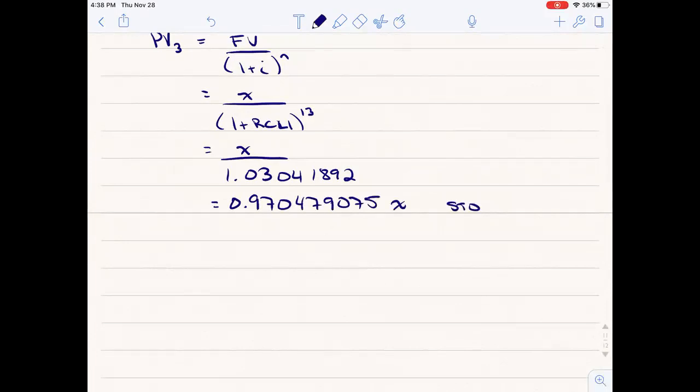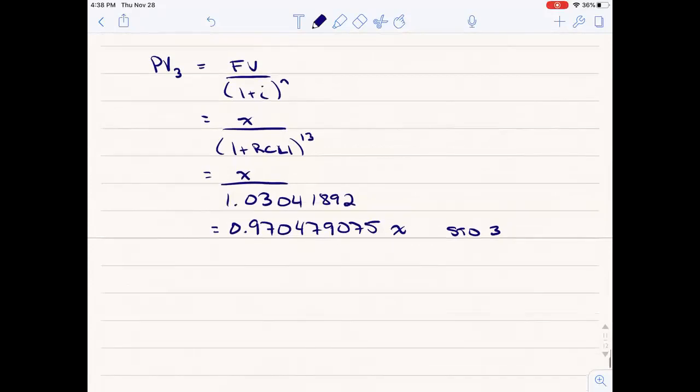I'm going to store this in 3 because it's my present value 3. Not that it matters, it's just a way for me to try to remember, because I'm going to need to use that entire number, right? So you want to store that.